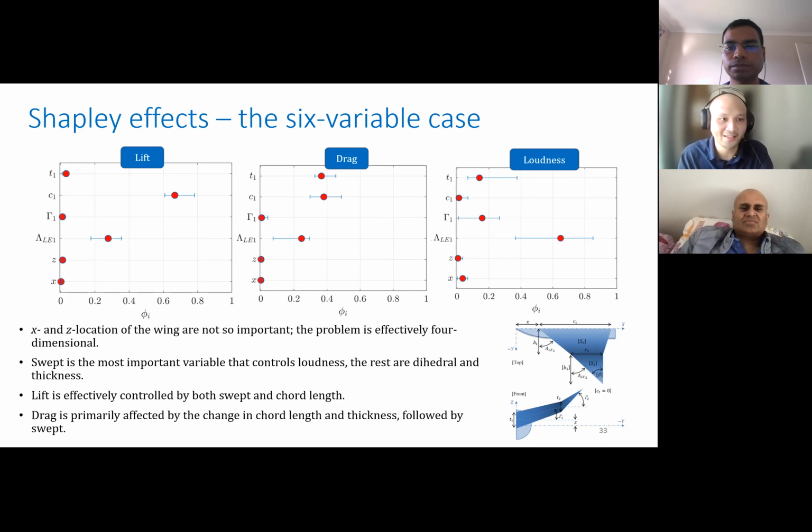Let's say T1 here is not important in lift, but T1 is important in drag and loudness. So we have to be careful and see this from many viewpoints. About the values of X and Z, unfortunately I didn't check that, so I cannot really answer the question for now. But I believe the values will be quite random because they do not affect the objective function.